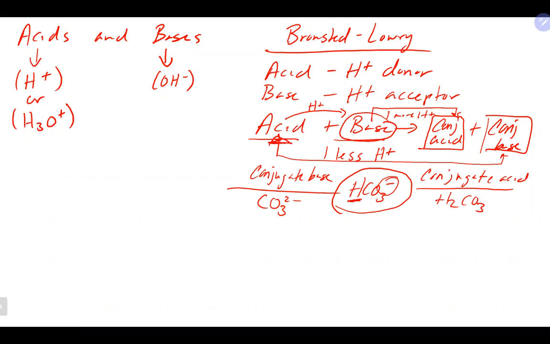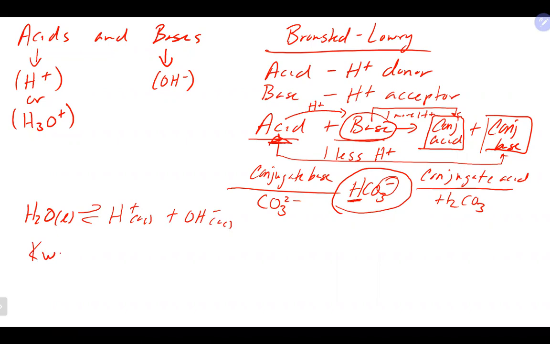Water is also an amphoteric substance. It has the H. It could give away an H in certain cases, and accept the H in other cases. As we talked about last time, when water reacts with water, it creates an equilibrium with H plus and OH minus, and a relationship known as Kw.